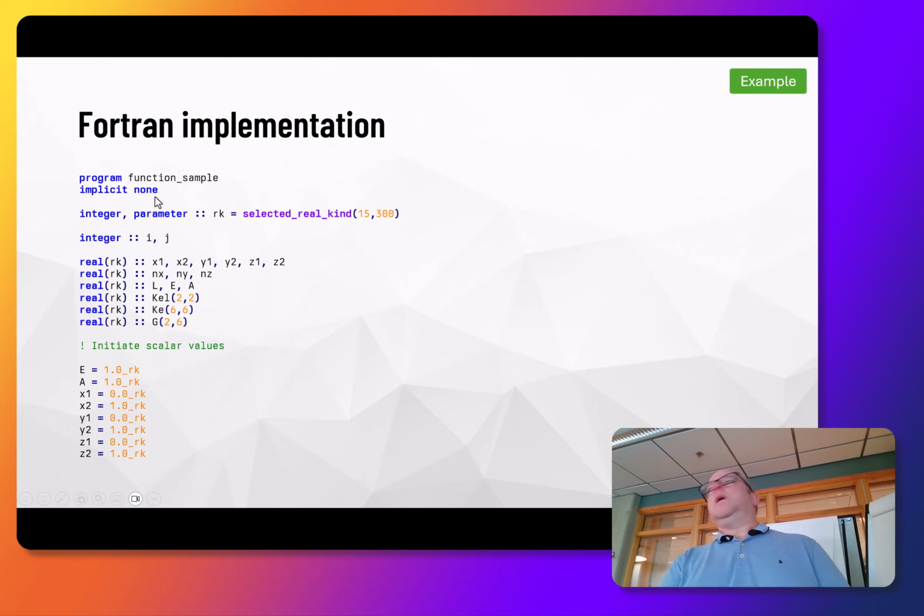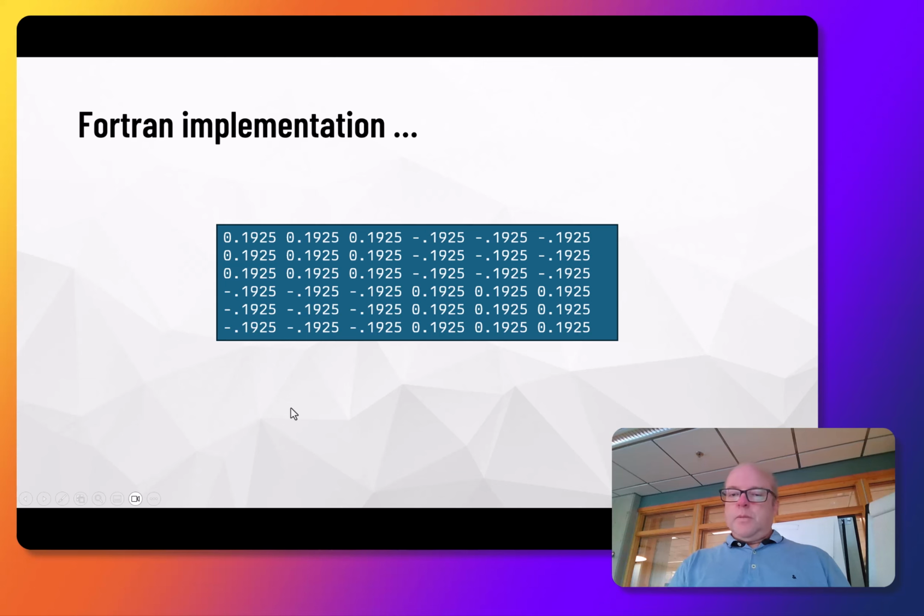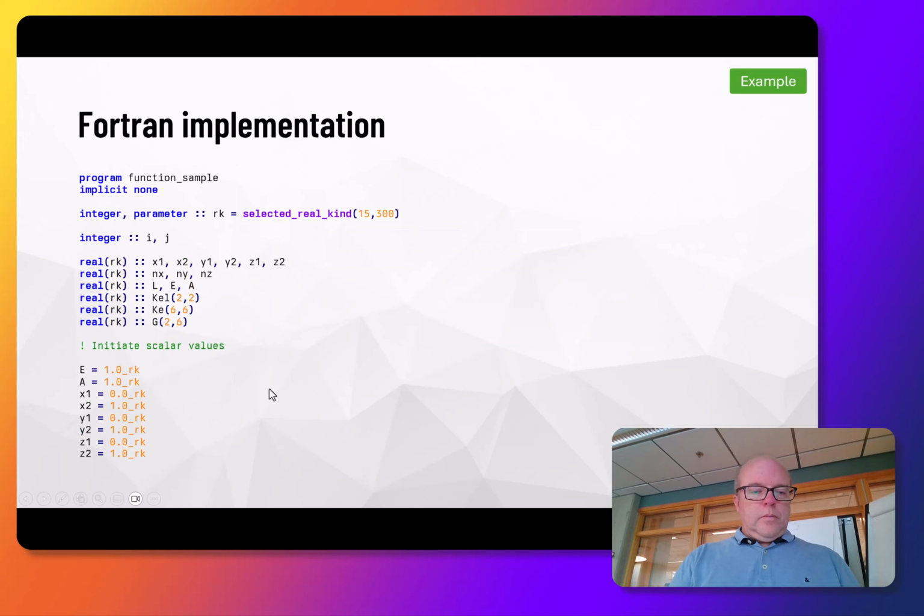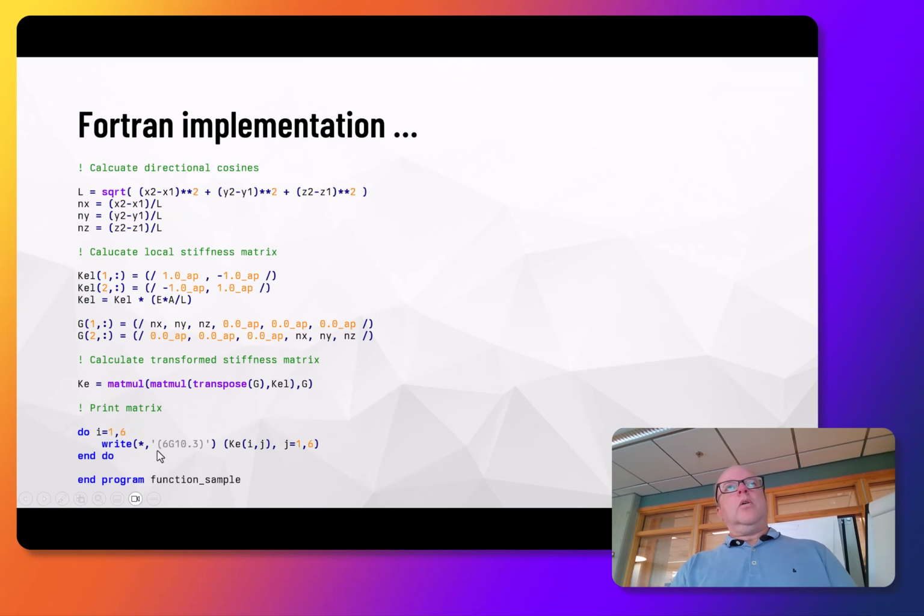Here I start with implicit none. I define the precision constant. I declare all my floating points here as real RK. And then I declare the sizes of all the variables. I make sure that I have RK as a suffix on all of them, so that they get the right precision.